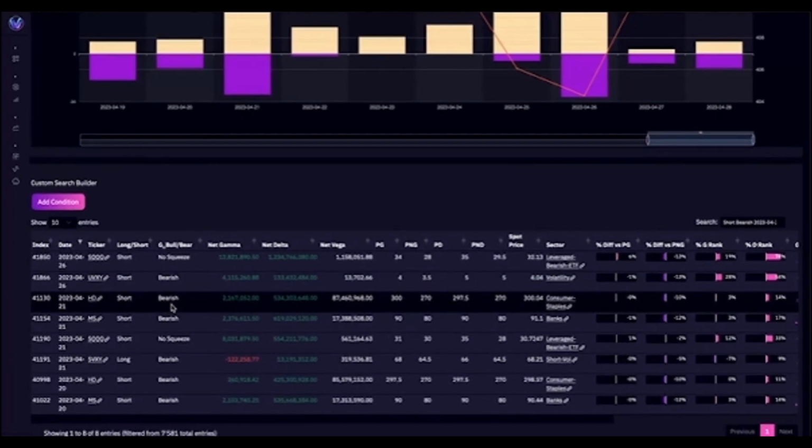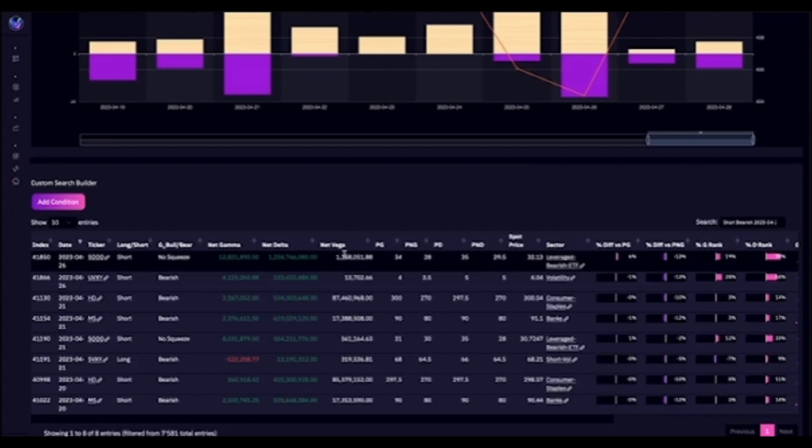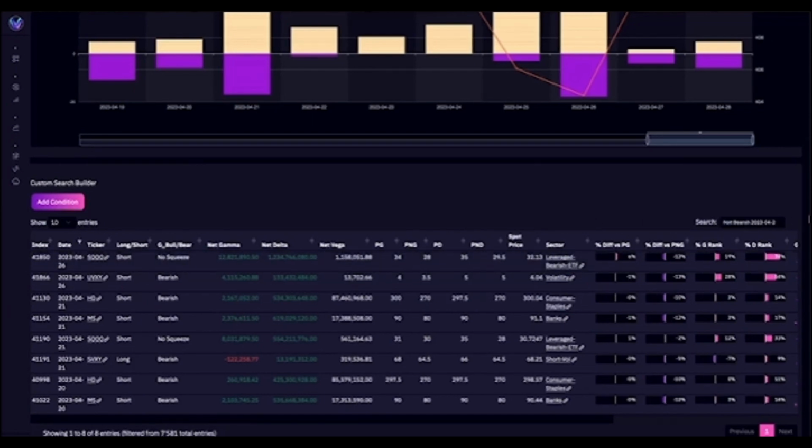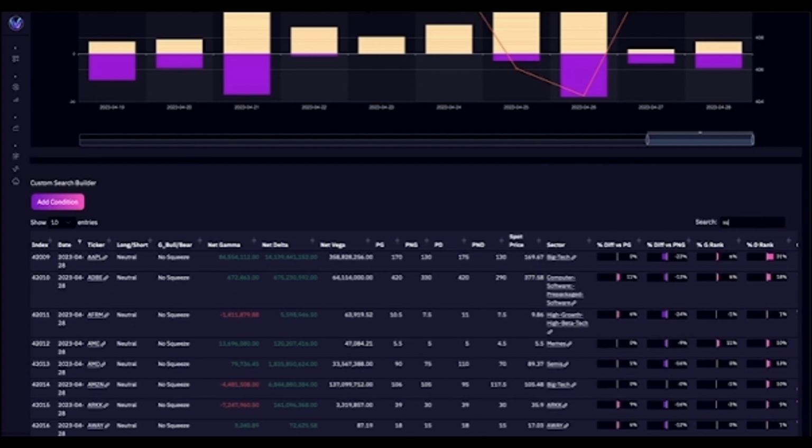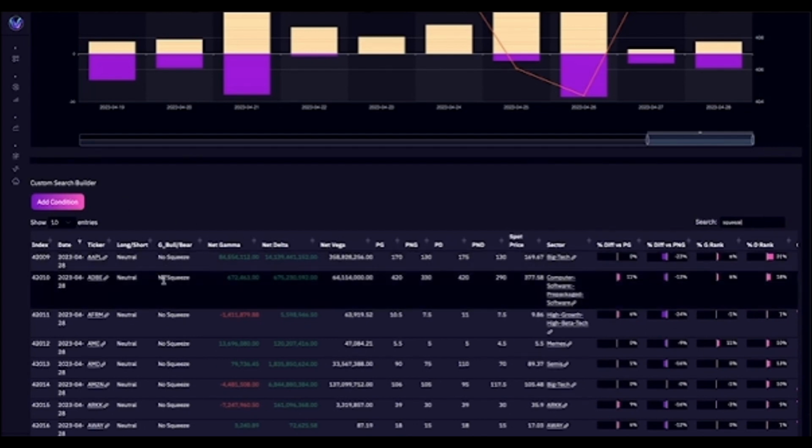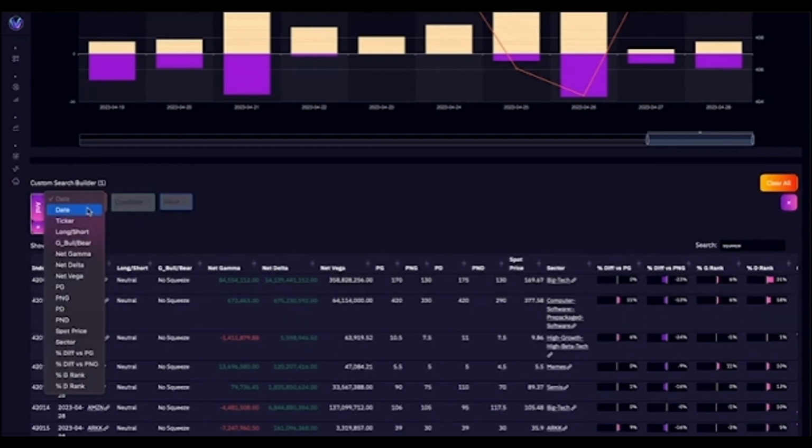The other way I whittle this down and try to find stuff to look for is, okay, if I've got squeezes on here, and squeeze doesn't get filtered as well as it could because of this no squeeze bit, but I'll change that so you don't have to do the same thing.